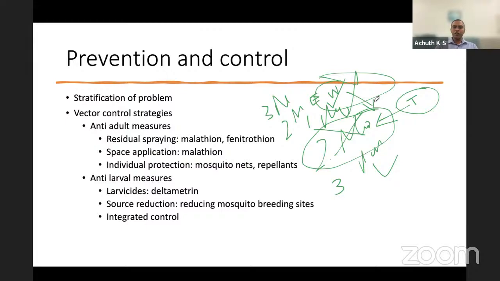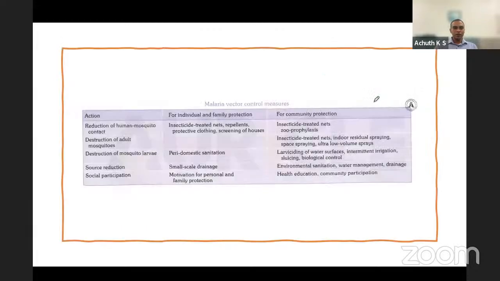Okay. If we use all these things together, we call it integrated vector-borne disease control. This is what is called integrated control. This also you can take from your PARK textbook. What you have to do for your individual and community protection, I've already told.